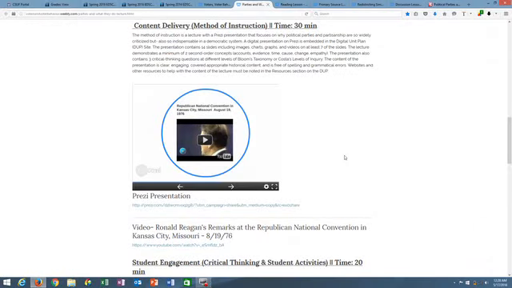It includes how the Republican National Convention was back in the day when Reagan was running for President of the United States, and how at the National Convention the nominee still hadn't been decided.